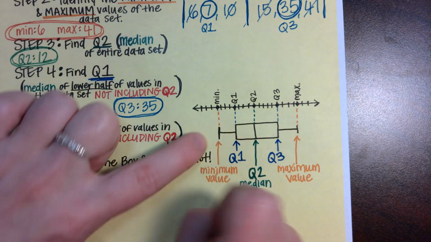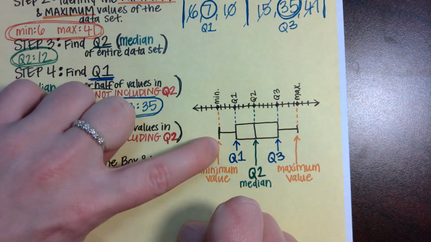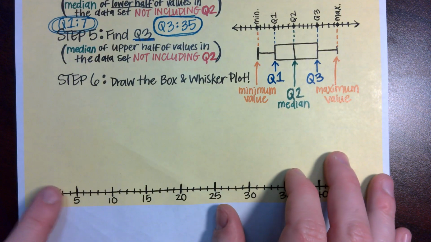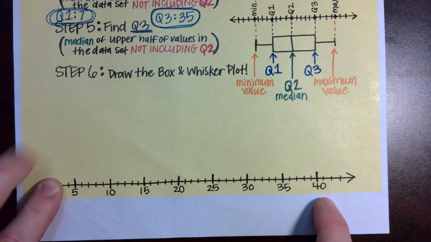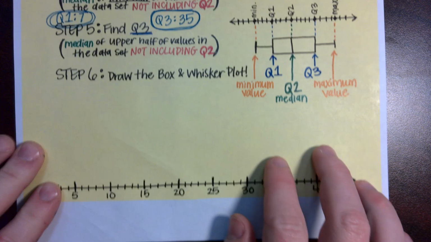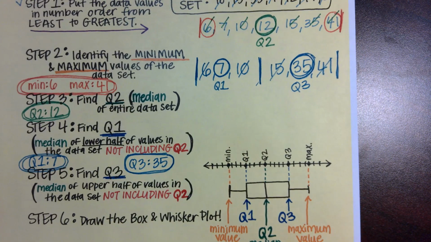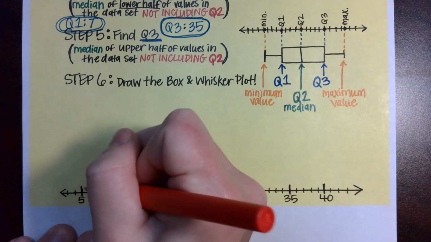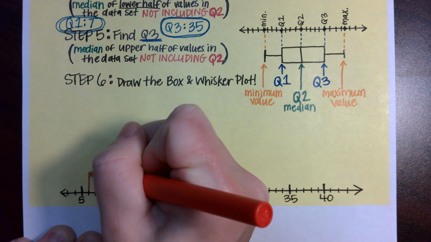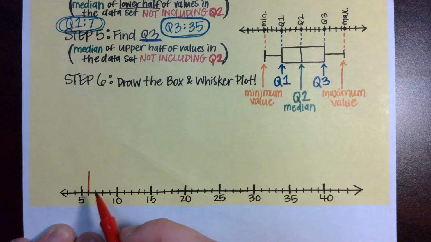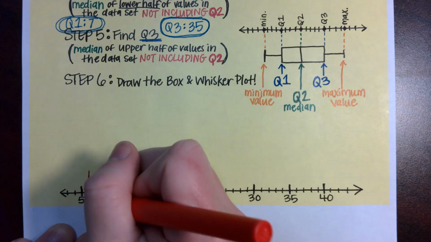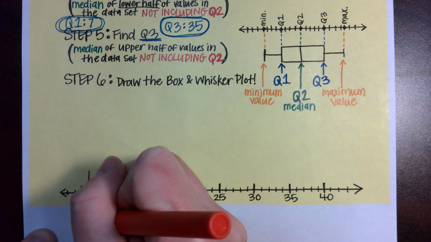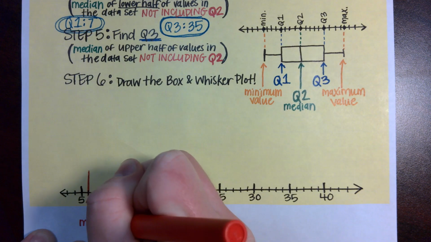First, we start with a line up and down that lines up with whatever your minimum value is on this number line. What was our minimum value? 6. So that means my first point on my box plot needs to line up with this right here, with 6.